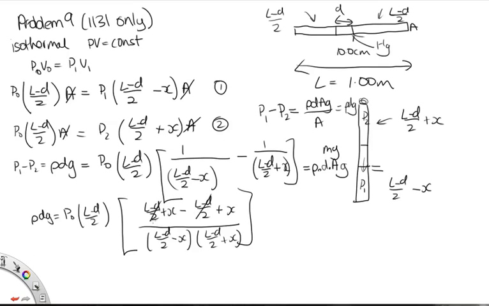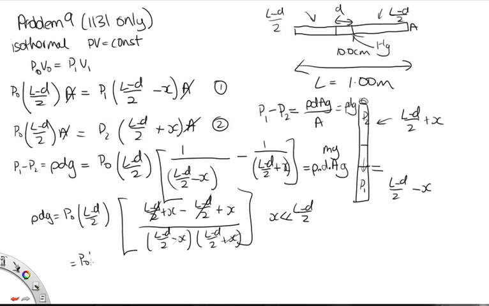Okay, so these cancel out and we've got 2X on the top. Now, we can make an approximation because we know that X is less than L minus D over 2, and it should be quite a lot less. X is by how much it moves. It's only going to move by a small fraction of this length here. So that tells us that this is small compared to that, this is small compared to that. So we can just ignore these.